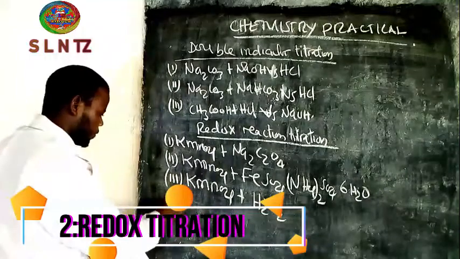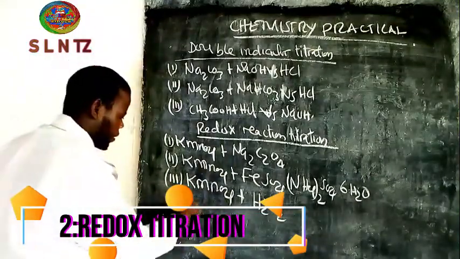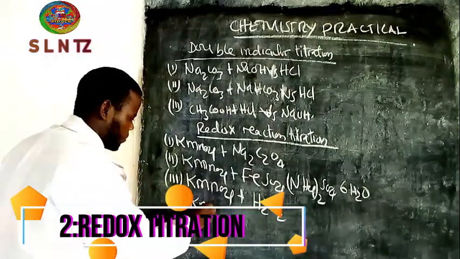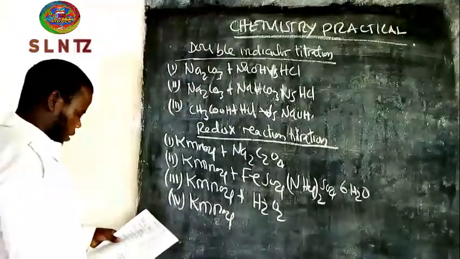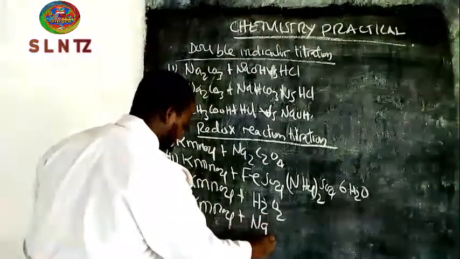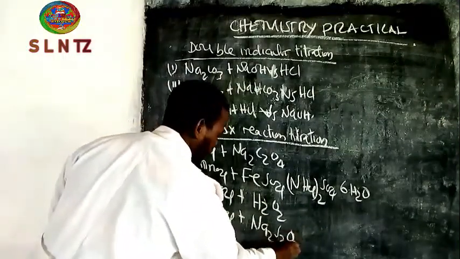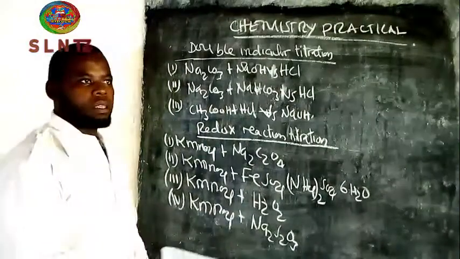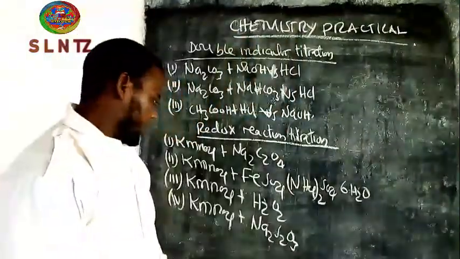That's number three. Number four, you have to concentrate on redox potassium permanganate with sodium thiosulfate. That is redox titration.